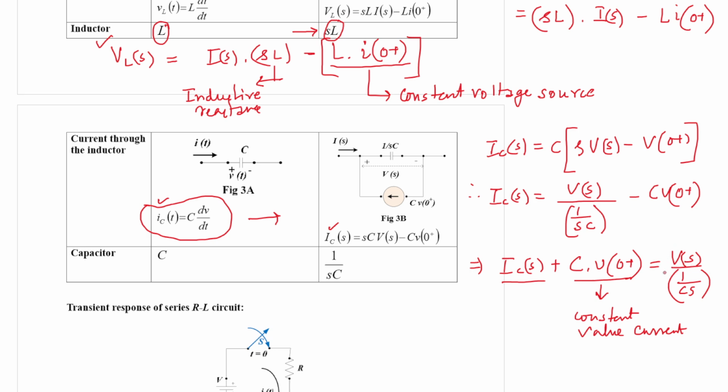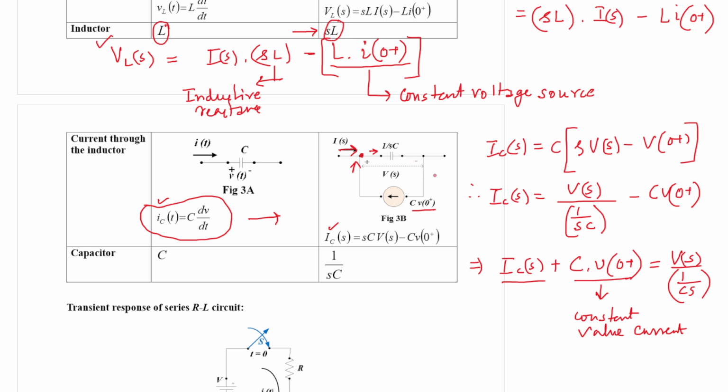So you see the input current I(s) is entering in this way, and this constant value current C V0 plus, which is entirely dependent on the initial condition, is entering in this fashion. When these two currents meet at this node, one current must leave. So what is that current?